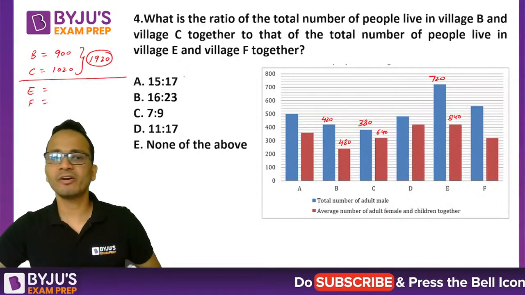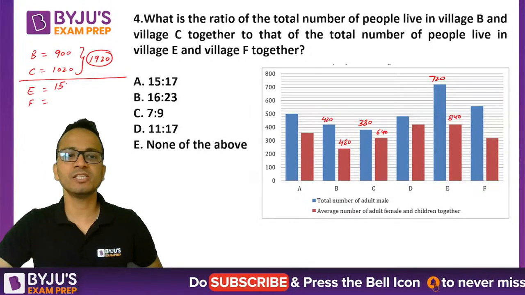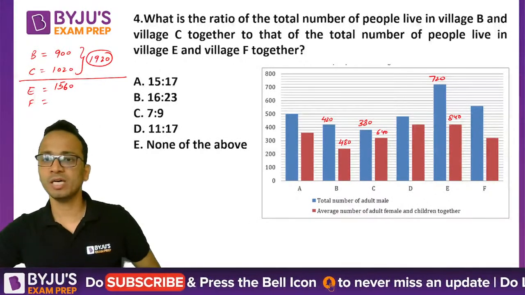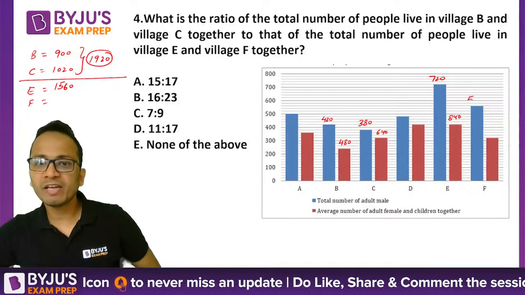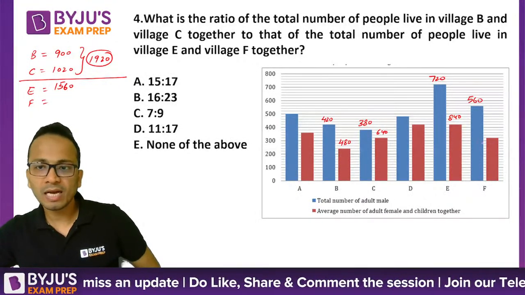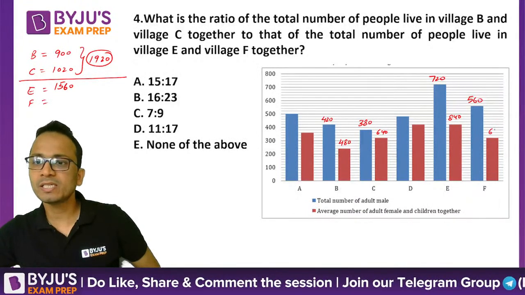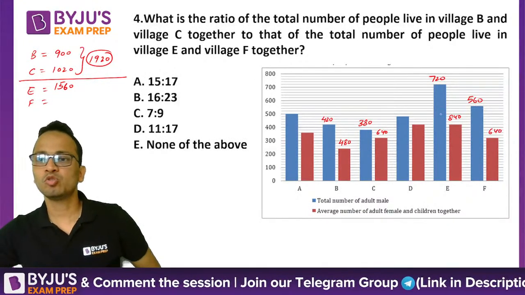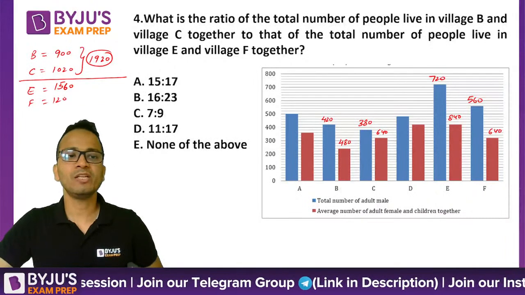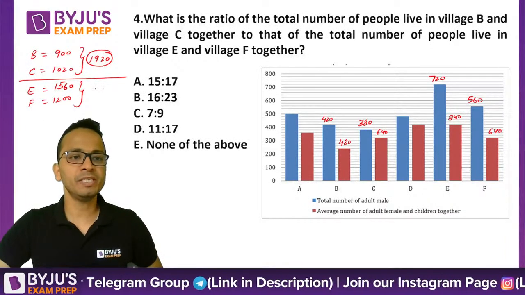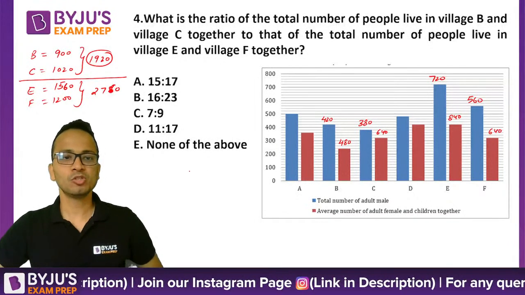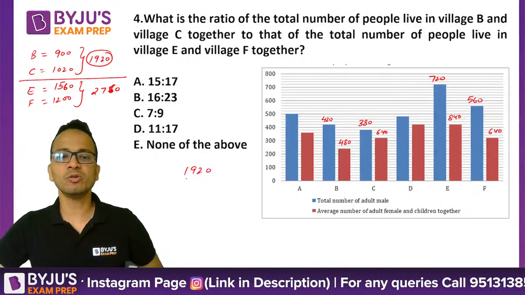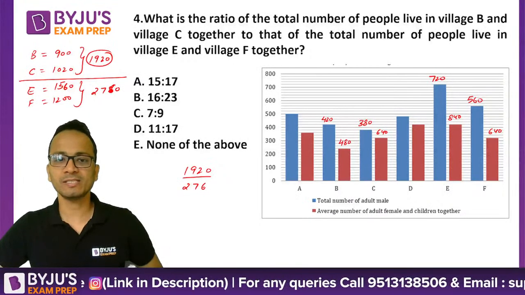So 1560 is the total number of people of village E, and village F it will be 560 and 320, 640, so 1200. So this value is 1200 and the sum will be 2760. So the ratio is 1920 divided by 2760.